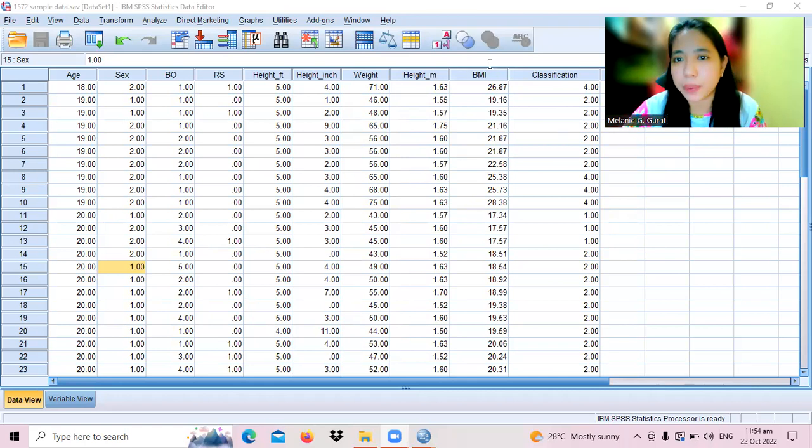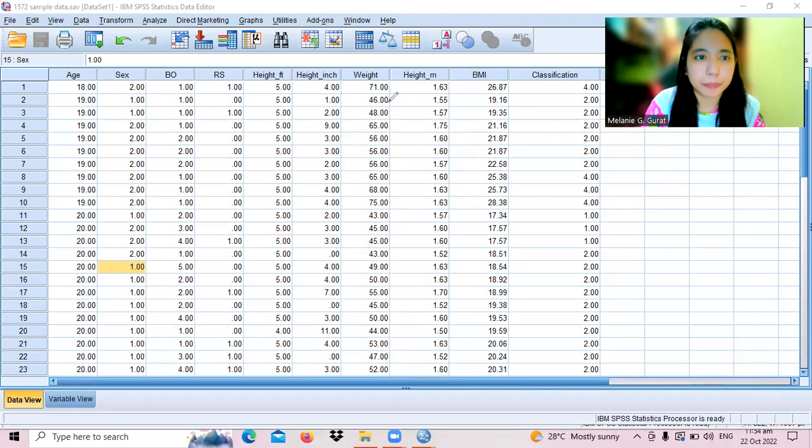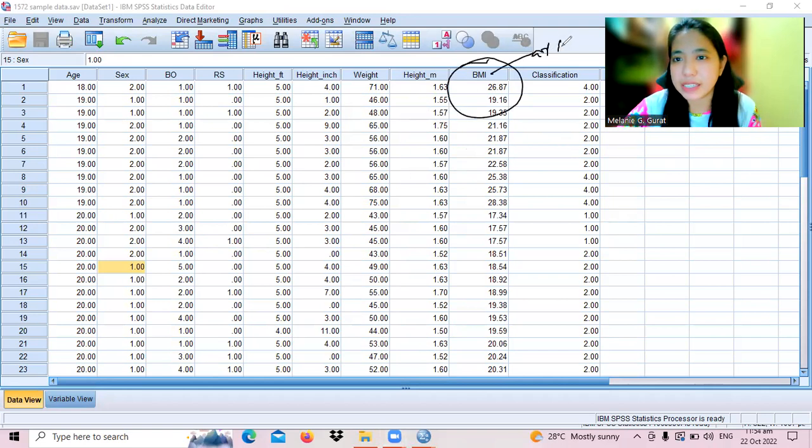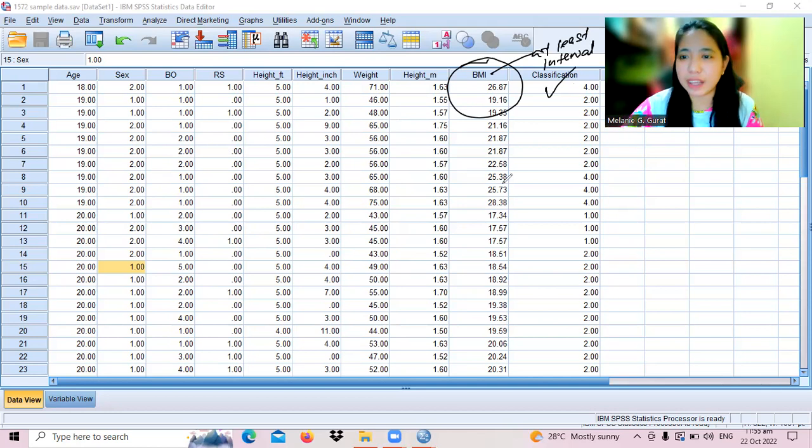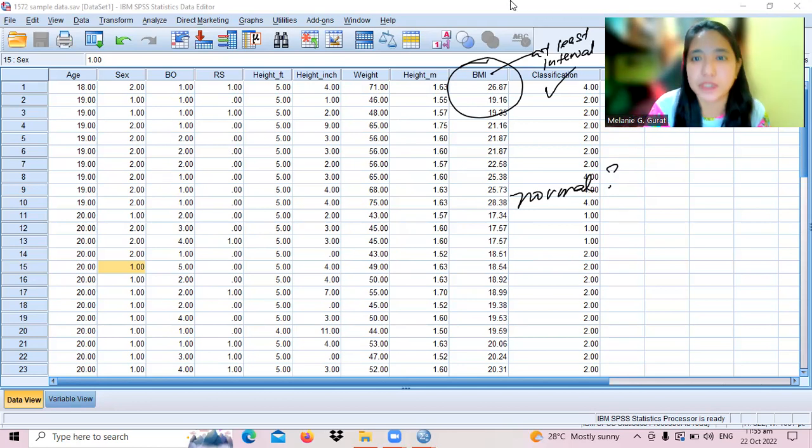So this is our BMI. The BMI is at least interval, so check, it's numerical. Now it's a comparison of two, male and female, so it's possible that we will be using the t-test. But let us check if the data is normal. This is now our concern.